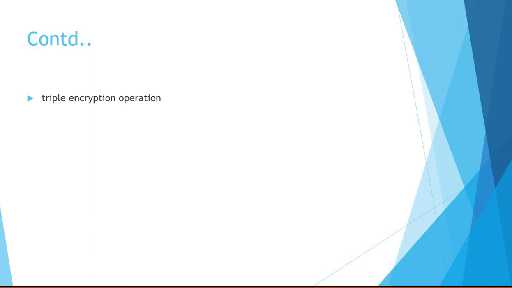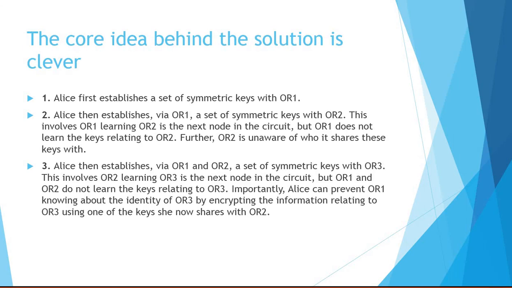So in the first step, when Alice is transferring the data, how many times does she have to perform the encryption? 3. So that is a triple encryption operation. What is the core idea behind this solution? It's quite interesting, and we have already discussed it. First Alice will generate the symmetric key with OR1, and it will be shared among them.